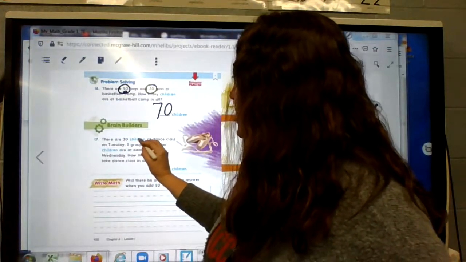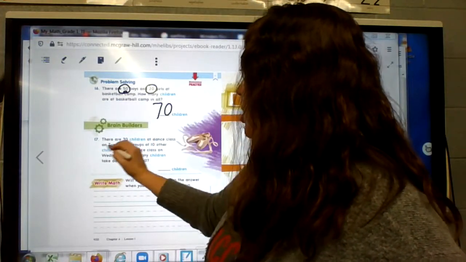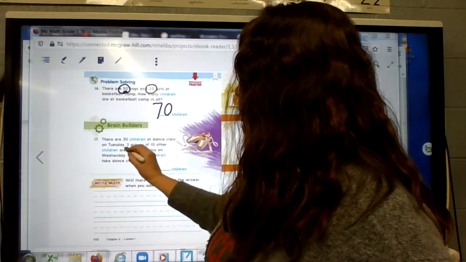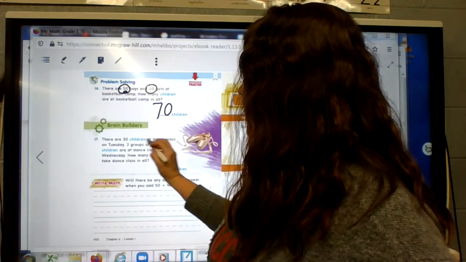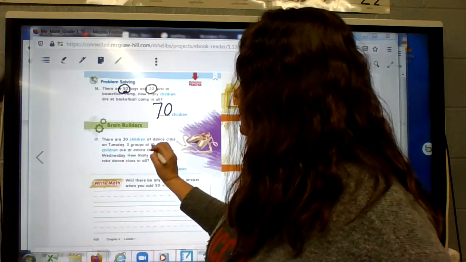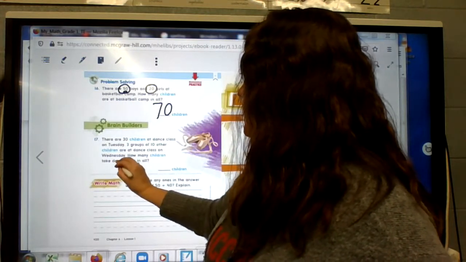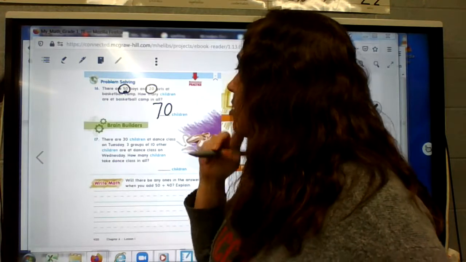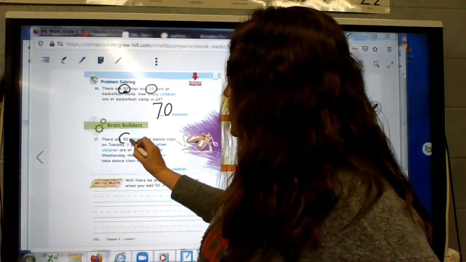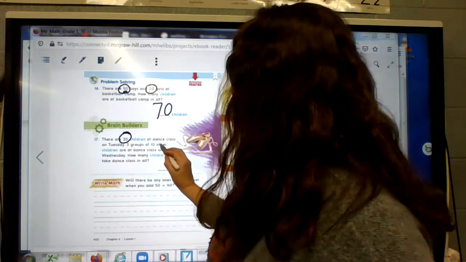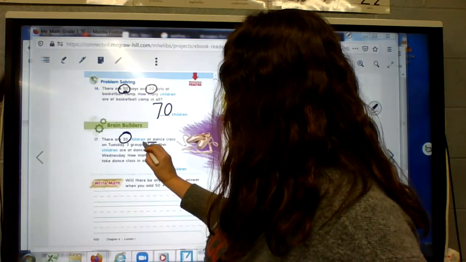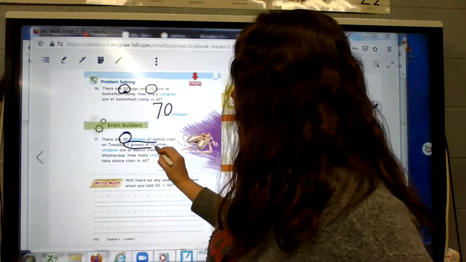There are 30 children at dance class on Tuesday. 3 groups of 10 other children are at dance class on Wednesday. How many children take dance class in all? So, one group has 30. The other group has 3 groups of 10.